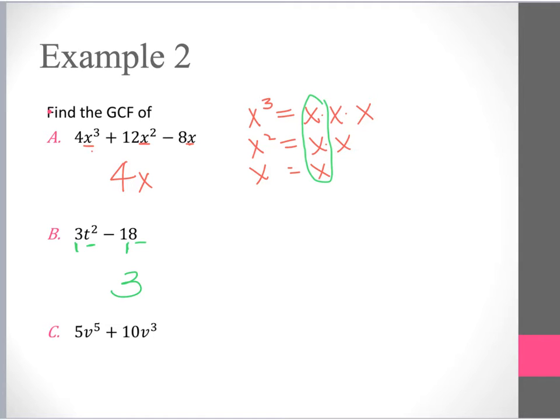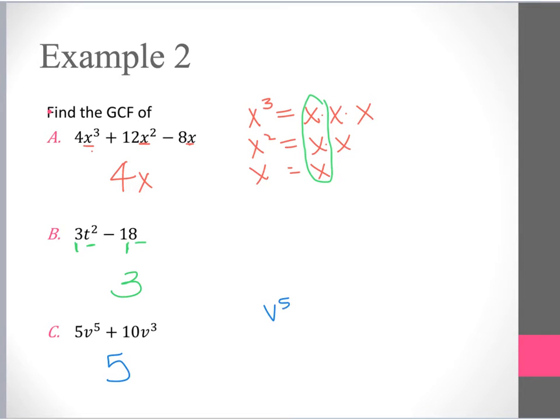And for part C now, we have 5v to the 5th plus 10v cubed. I notice right away that both terms have a v, so I know I'm going to have at least a v in my greatest common factor. If I look at the 5 and the 10, I see that 5 will go into both, and then I have a v to the 5th and a v cubed.